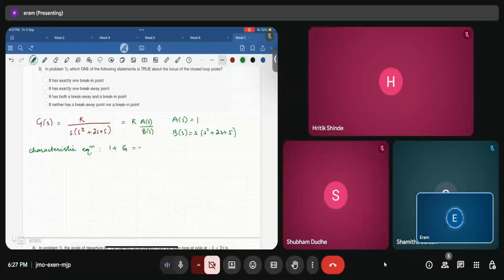H is 1, so 1 plus G equals 0, or 1 plus k A(s) by B(s) equals 0.